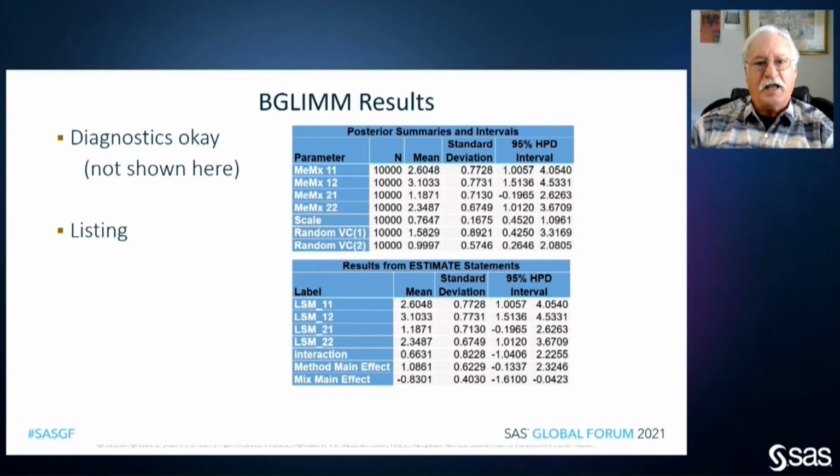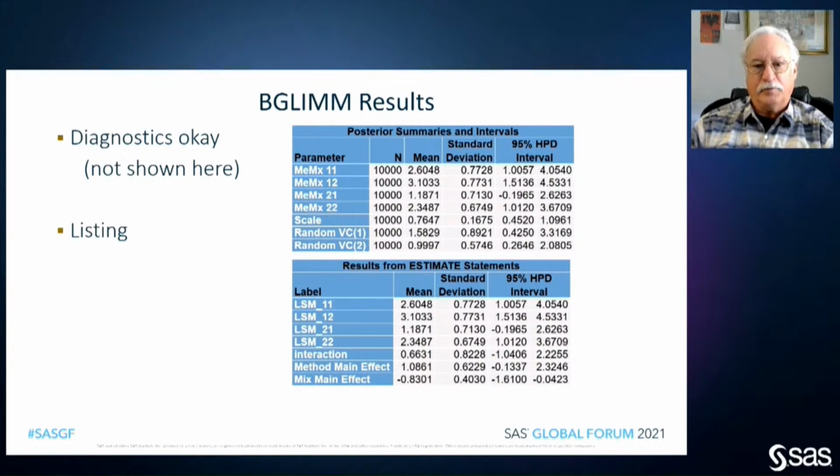The BGLIMM results, again, are going to give everything on the link function scale, which in this case is the log. So these ME, MX, 1, 1, 1, 2, and so forth, these are the log mean, the means on the log scale, and their associated standard deviations and HPD intervals.